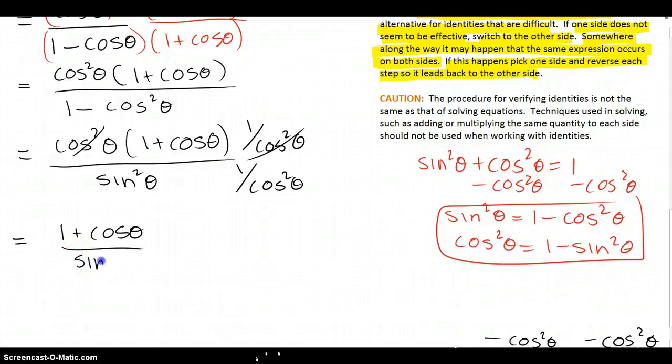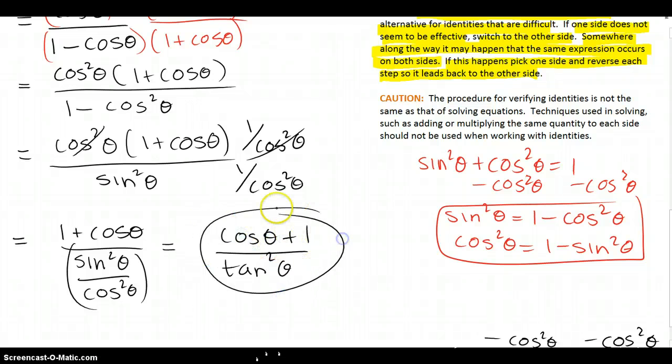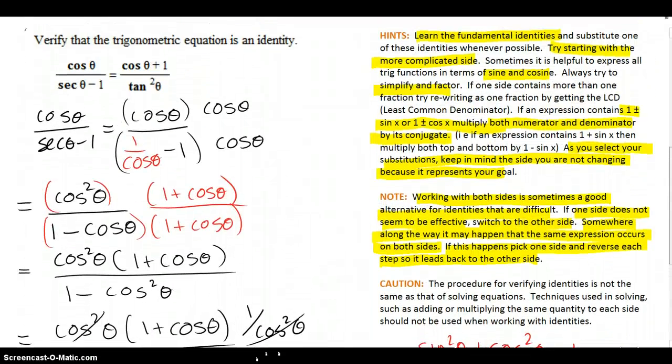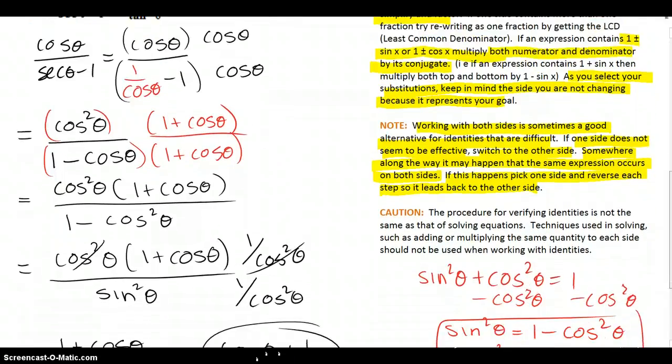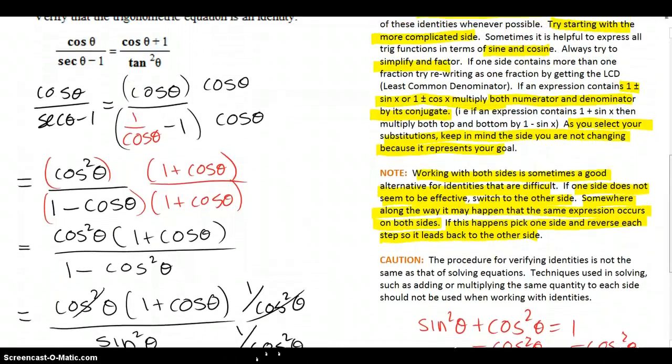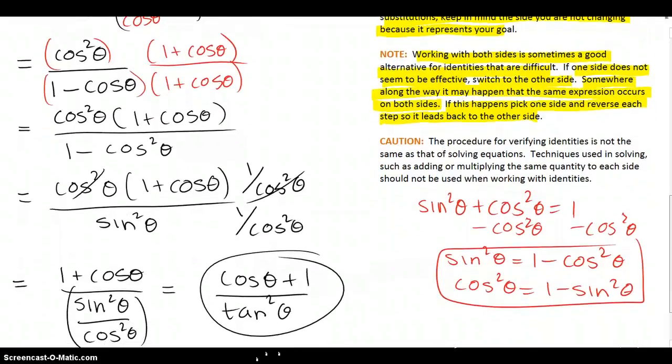This would be sine squared theta over cosine squared theta. That's one of our fundamental identities. That is tangent squared of theta. And just to get this looking exactly like our original, you can see we have just cosine theta plus 1, over tangent squared of theta. We did it.